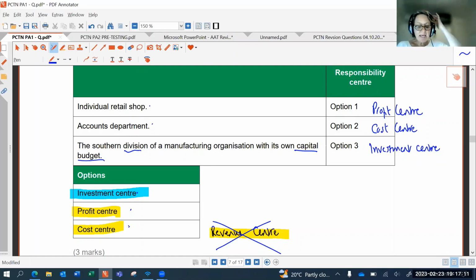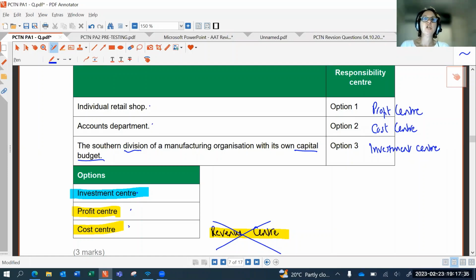Okay, Rebecca, again, the questions are not trying to trick you. So here, they specifically gave you an example of an organisation that had its own capital budget. If the retail shop said the retail shop manager has their own capital budget, then I would have chosen investment centre for that one as well. But I'm trying not to read beyond what the question has told me.